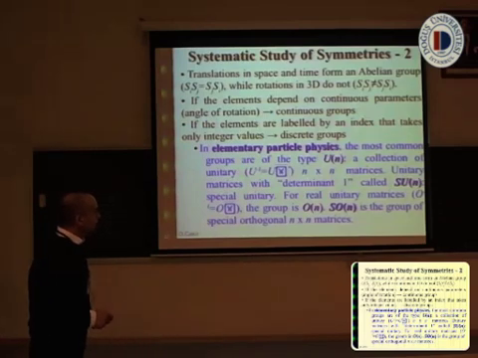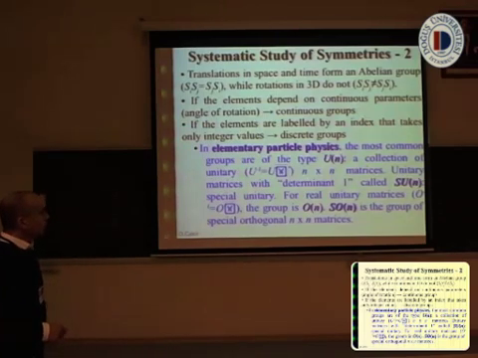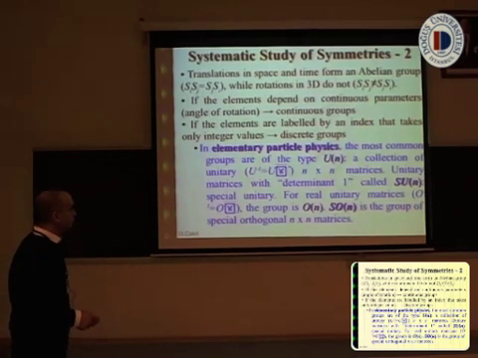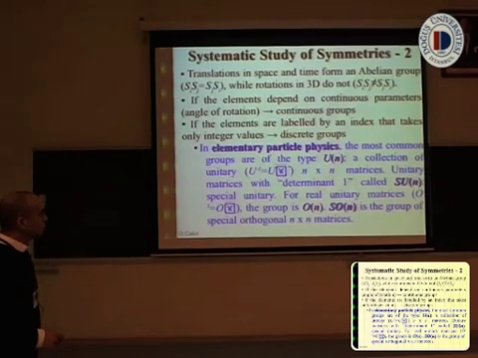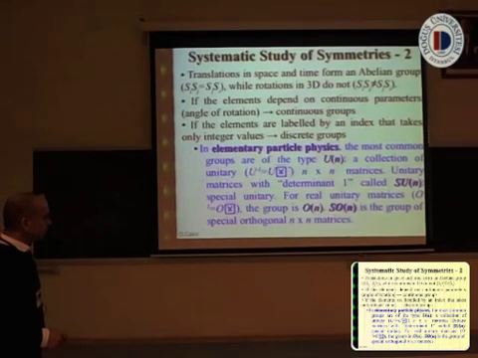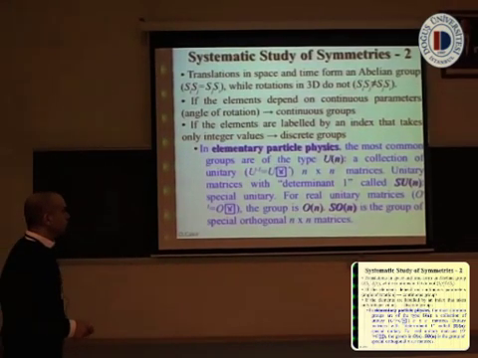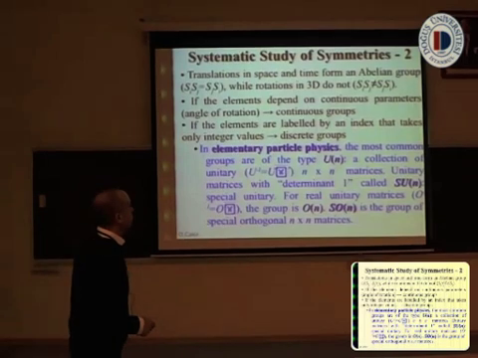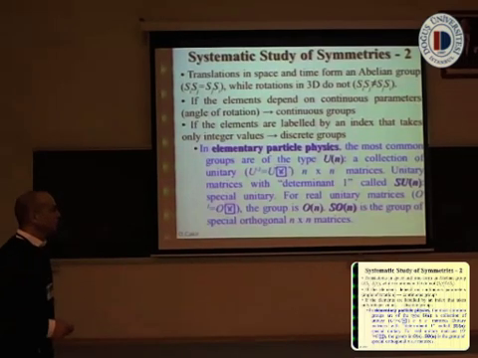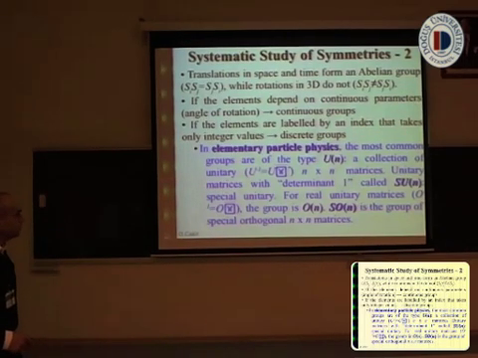So they are n by n matrices. If unitary matrices have the determinant +1, they are called special unitary. So there are also orthogonal matrices and special orthogonal matrices in the group.